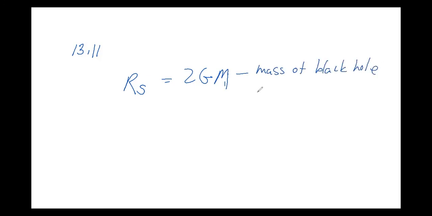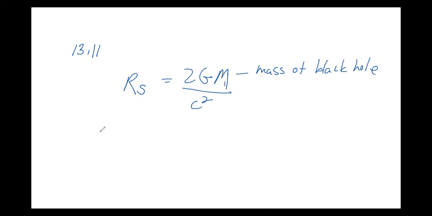Okay, so we're going to use equation 13.30, which says the radius, it's called the Schwarzschild radius, is equal to 2G times the mass of the black hole, that's a big M, divided by the speed of light in a vacuum squared, c squared.